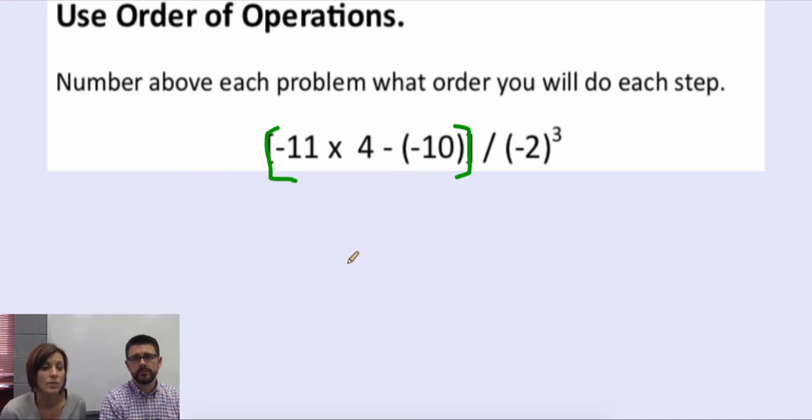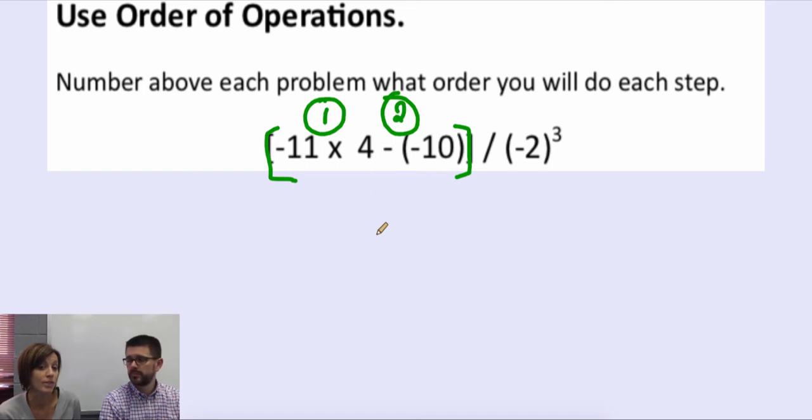So we have to do negative 11 times 4 first in those brackets, and then minus a negative 10. Now we're done with the brackets, so we move to the powers. That would be next, followed by multiplication and division. And then I don't have any addition and subtraction not within parentheses. So we are ready to solve.